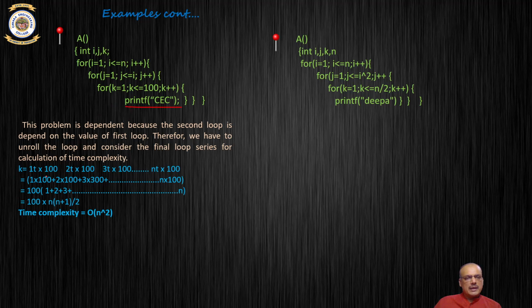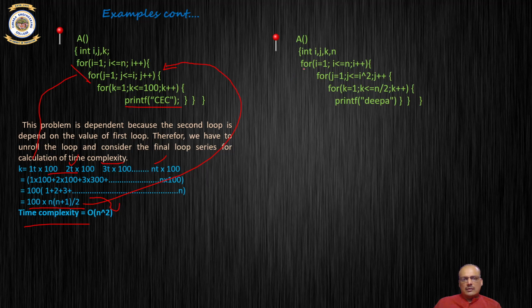So this thing runs 100 times, and these two form a linear progression, 1 2 3 4 and so on up to n. So finally the time complexity of this comes out to 100 into the complexity of this loop, which is n into n plus 1 by 2. So we say the big O of this is n square, for some value of c and n naught. So the complexity of this algorithm is basically O of n square.